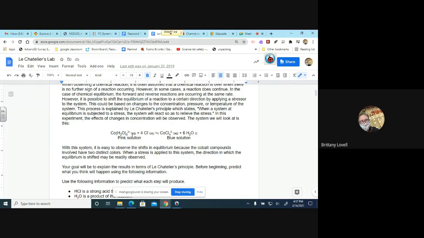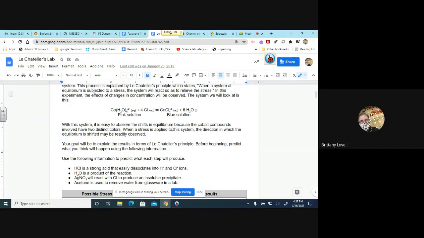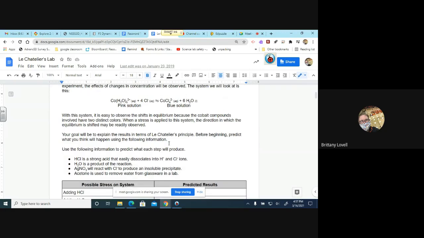When you do that, it will shift to make cobalt tetrachloride and water molecules. This system in equilibrium is pretty cool because you can actually see the shifts from right to left because they turn colors. When it shifts to the left, it will be pink. When it shifts to the right, it will be blue.